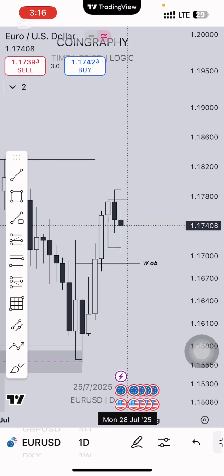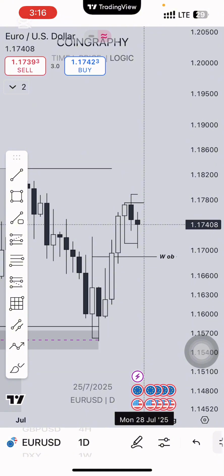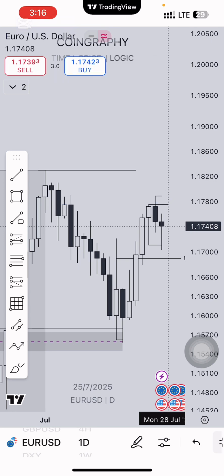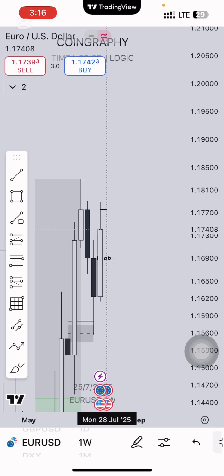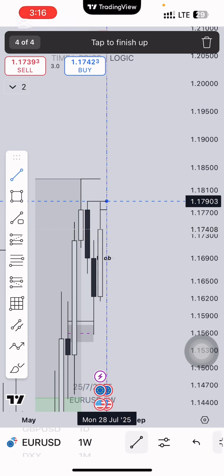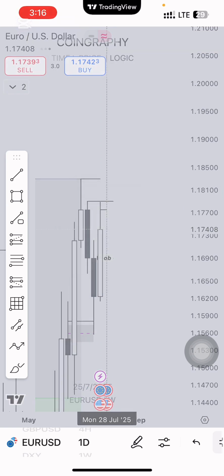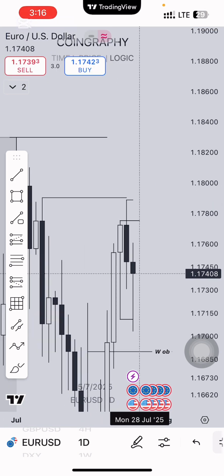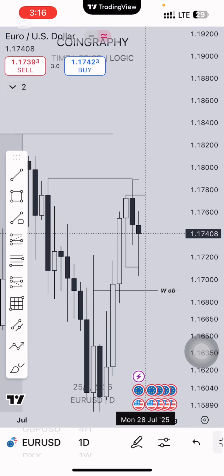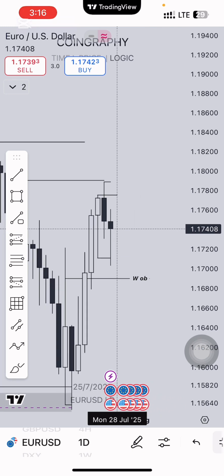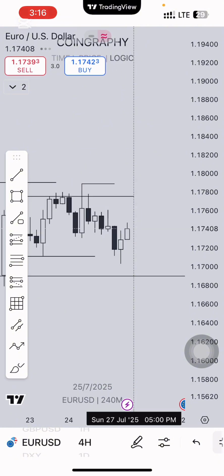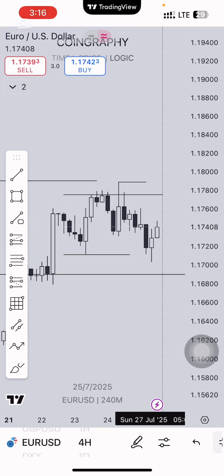But I wasn't looking for sales on Friday because I was still looking at this draw on liquidity right here, these highs on the weekly time frame, and price did not push that high. I also looked at DXY for any SMTs, and we didn't see any SMT, so I was still bullish. So I got a trade actually, but I closed it because we were about to close for the week.